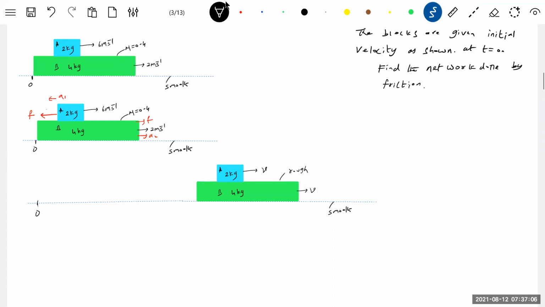What's the question asked? Find the net work done by friction. Friction does negative work on the 2 kg block and positive work on the 4 kg block. Net work done is being asked. So how much is the frictional force?